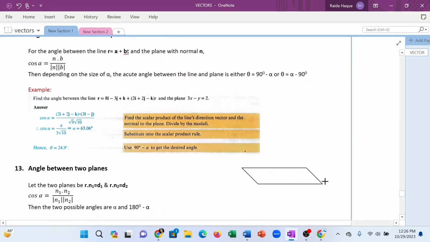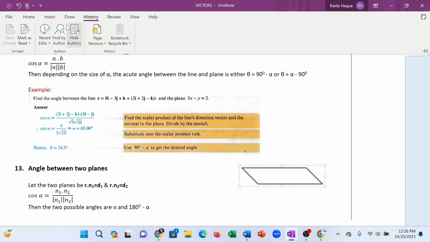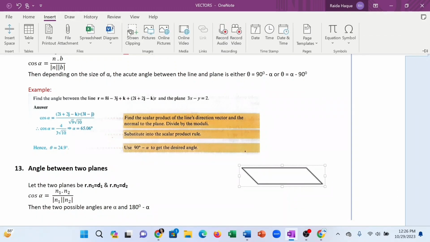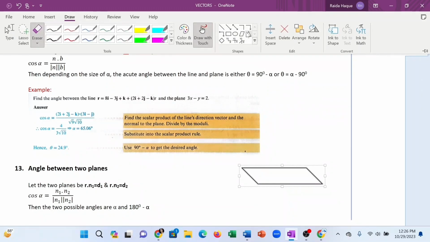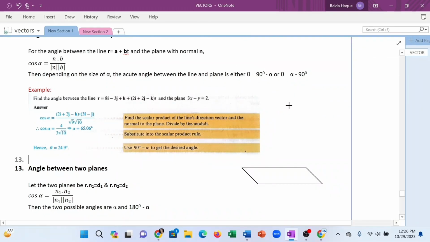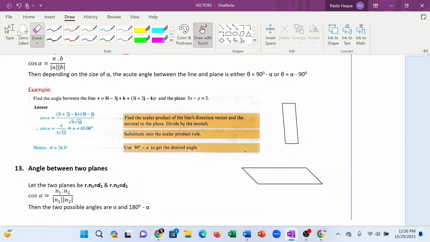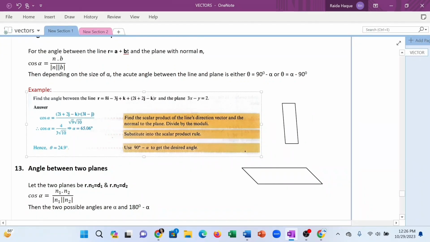So let's say here is one of your planes, and here is another one of the planes.